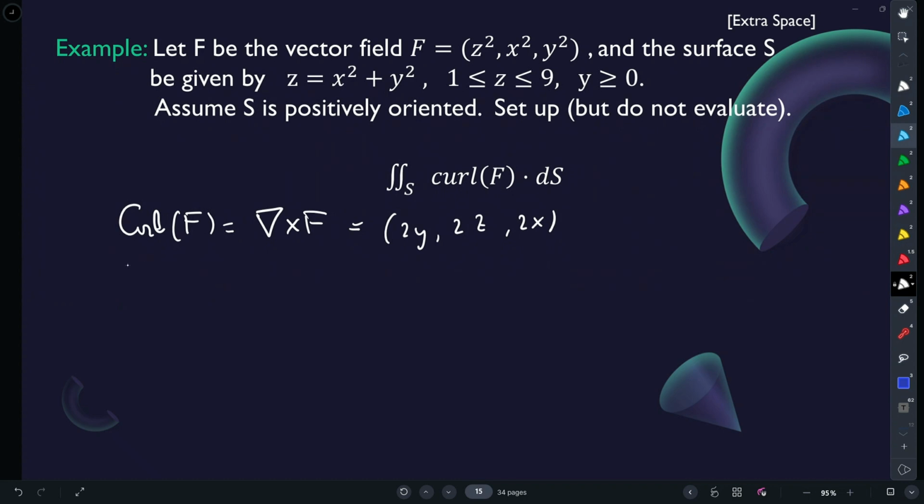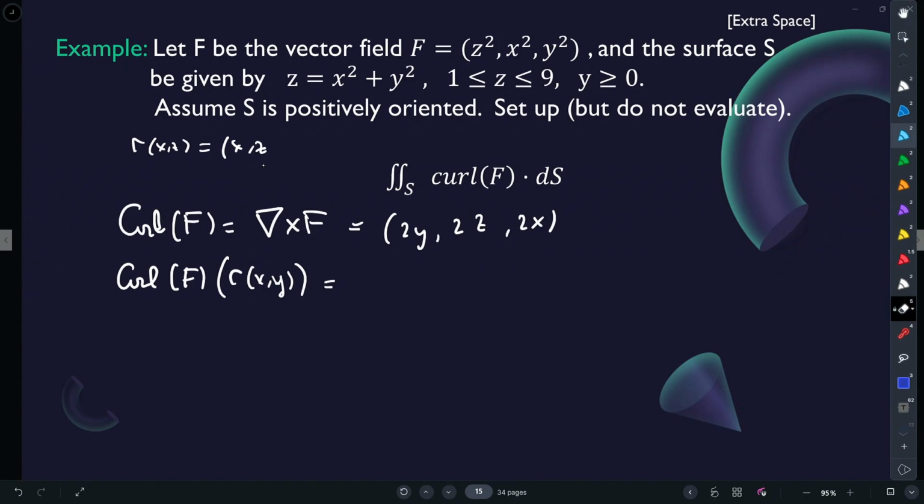So this is a step where I apply the parameterization of my surface, which was in x and y, x, y, x squared plus y squared.